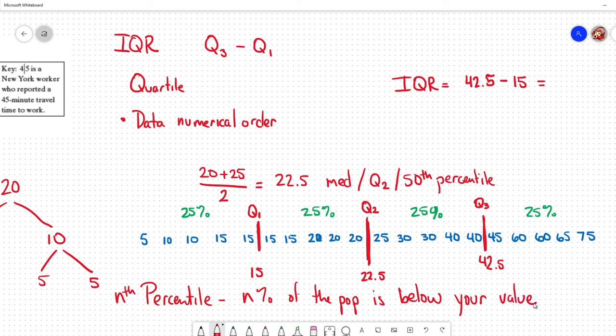If you get a score like an SAT or an ACT and they tell you you're in the 99th percentile, that means 99% of the population is below you. Is it possible to be in the 100th percentile? No, that makes no sense. If we said we were in the 100th percentile, we would say 100% of the population is below us. So are we not a part of the population? We cannot ever be in the 100th percentile.